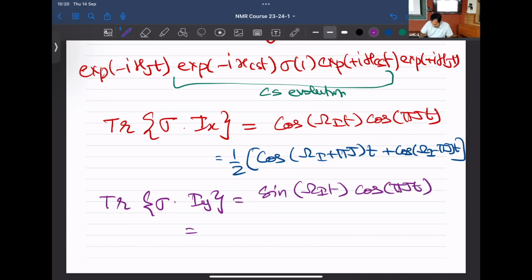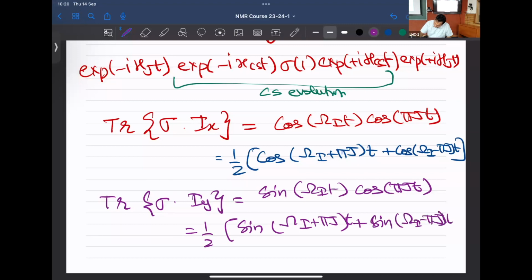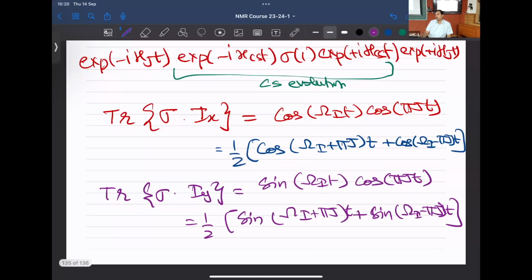So immediately you're once again able to realize this is going to be sine of (omega I plus pi J) t plus sine of (omega I minus pi J) t. Okay, so far so good.